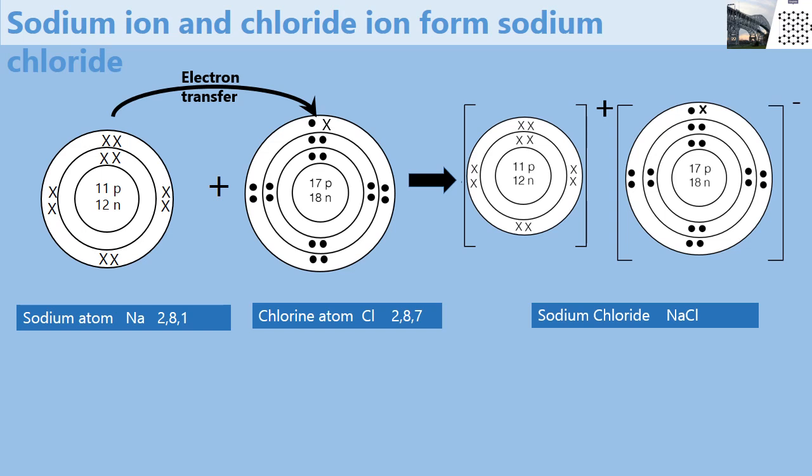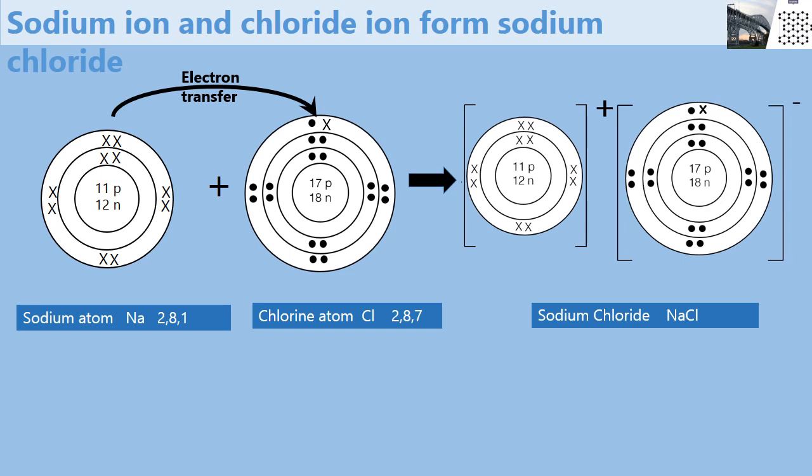Notice that chlorine has gained 1 electron to form chloride ion that is negatively charged. Sodium lost 1 electron to chlorine to form an ion that is positively charged. Now, from our previous knowledge, we know that opposite charges attract.